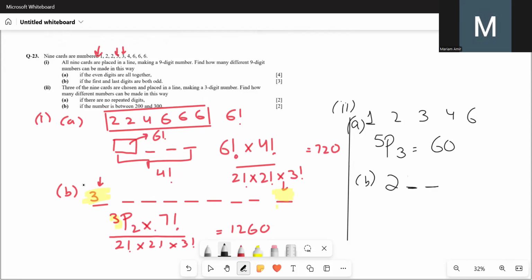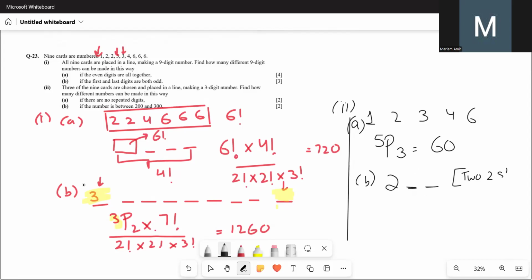So we have 2 2s. Let's write 2 2s. So this is just 1P1 because its position is fixed. 1P1 is just 1. Then we have a 2 in one of these places. And then we have either 1 or 3 or 4 or 6 in one of these places.